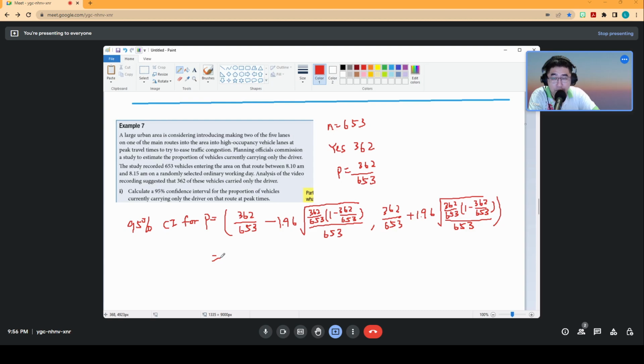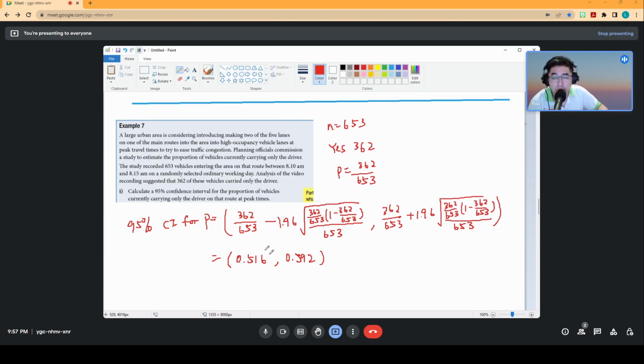Then minus 362 over 653. I have 0.516, comma, plus 362 over 653 plus the same, 0.592.